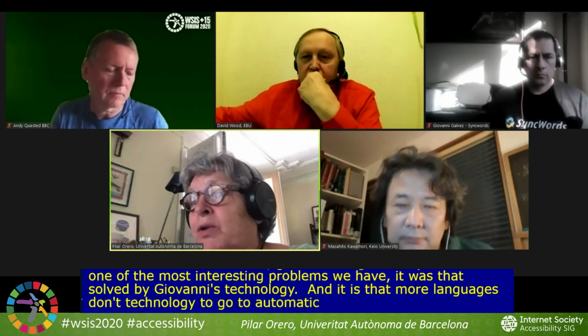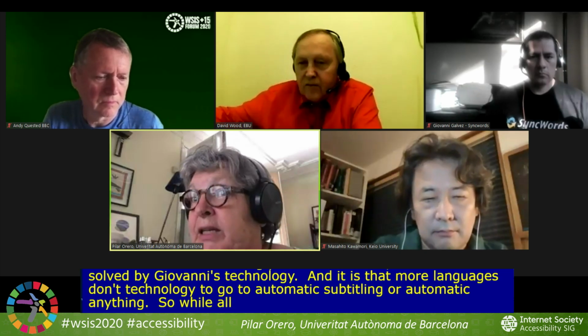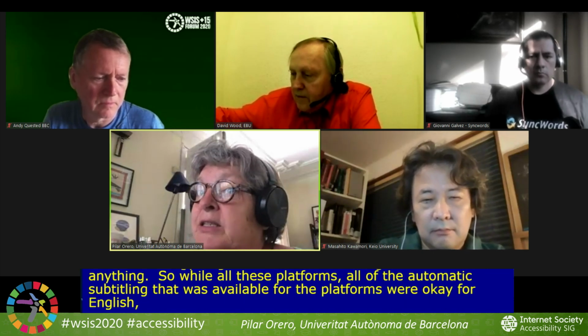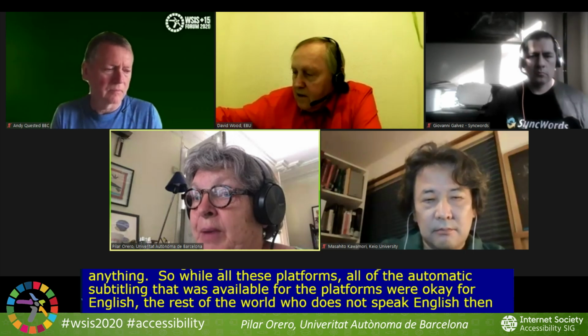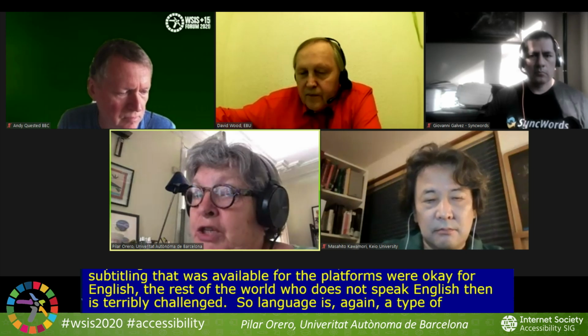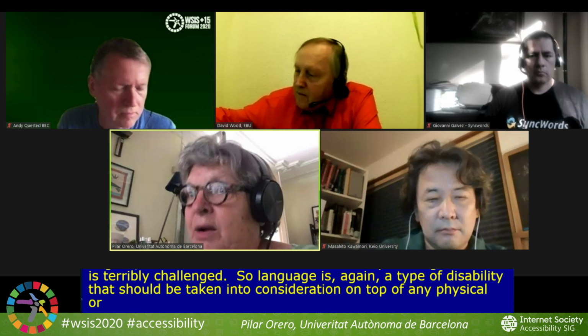So while all these automatic subtitling platforms were okay for English, the rest of the world who does not speak English is terribly challenged. So language is again a type of disability that should be taken into consideration on top of any physical or cognitive disability. So adding language disability, I think it would be an interesting step forward to be identified, to then challenge it, to solve it.